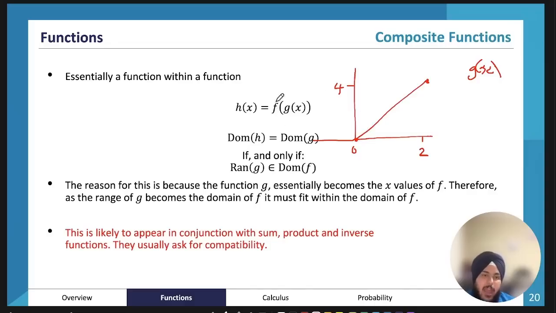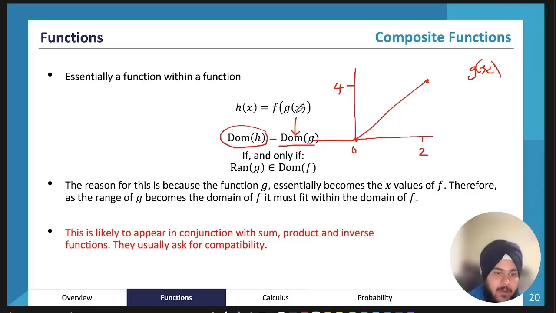So therefore, the domain of f must now be 0 to 4 as well, because otherwise we can't really sub in a value greater than this. Let's just say we have g being 3. We can't have a value for 3 because g cannot be defined for anything greater than 3. So therefore, the domain of the composite function is just equal to the domain of the inside function, g of x.